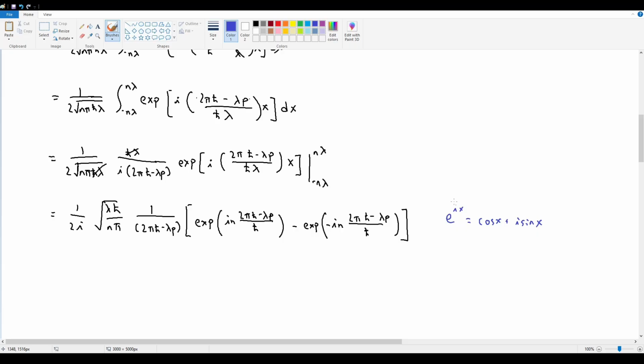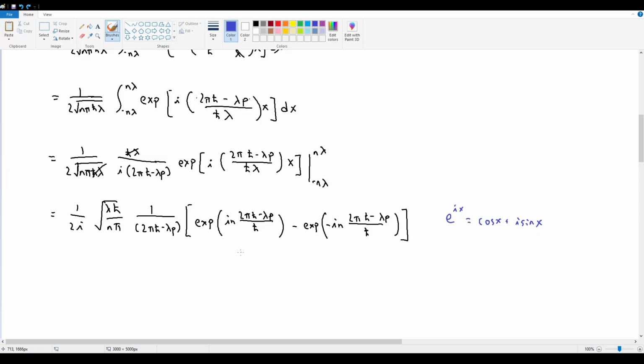Now, there's multiple ways to sort of proceed at this point. Intuitively here, what I see is that there's a 2 pi n in both of these factors. And if we can split those off, because this is really an exponential of two things together, right? Because this fraction can be split apart into two terms.